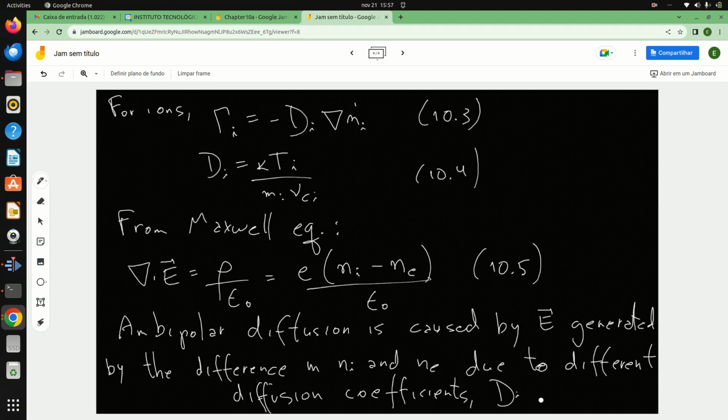The ion diffusion is not so much small, but smaller than the electron.